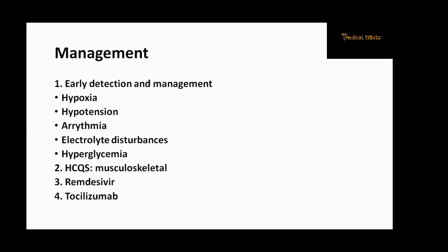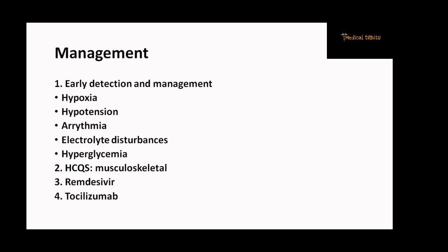How can we save lives? Number one, early detection of disease, and then manage associated complications. Like if hypoxia is there, oxygen can save lives. If hypotension is there, therapy can prevent hypotension. Arrhythmia can be treated.